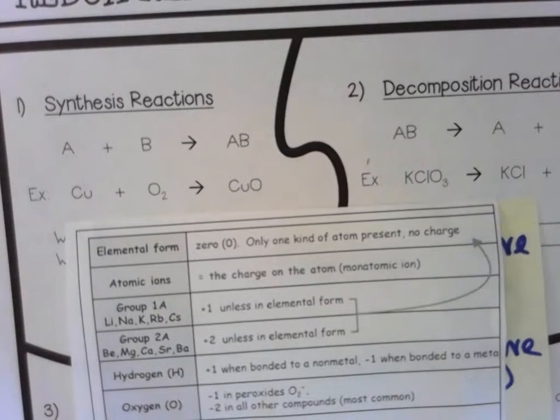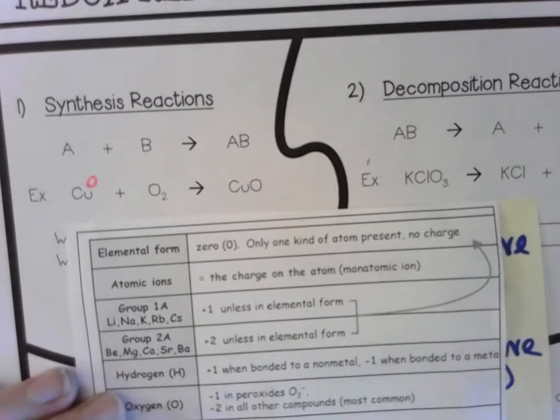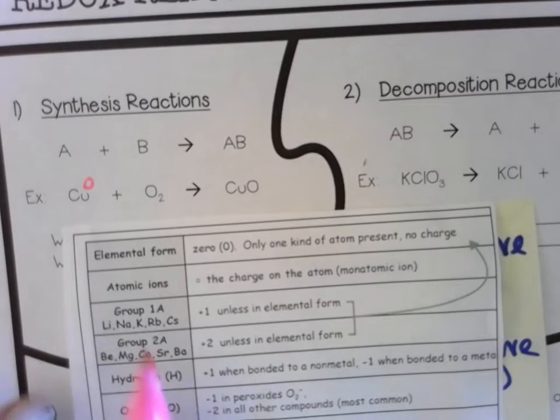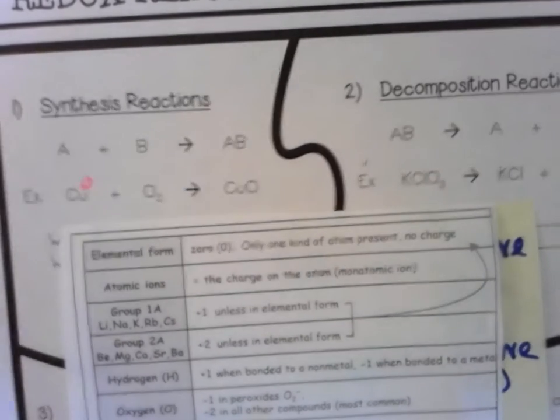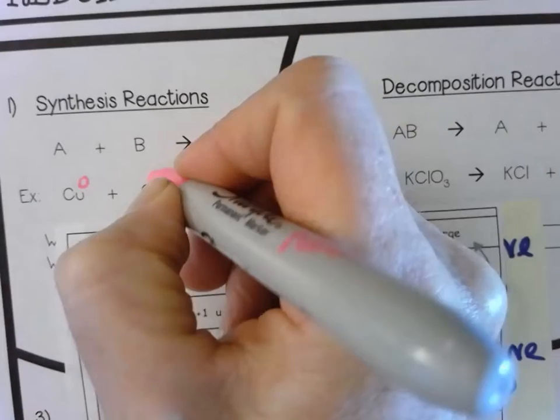I'm going to write the oxidation numbers up here at the top. Here's diatomic oxygen, but it is in its elemental form because we don't find oxygen any other way. Therefore, this also gets a 0 for an oxidation number.